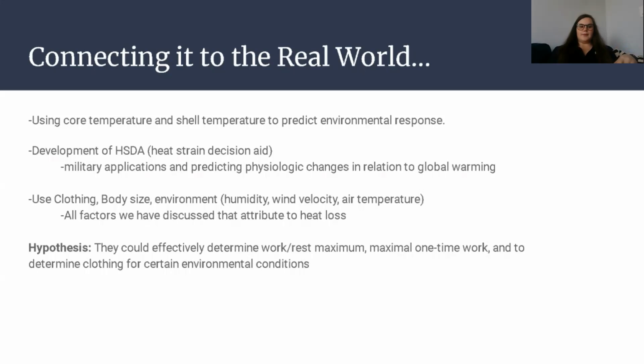So again, like when we talked about in class, they use the factors that contribute to heat loss, like clothing, body size, and environment, which included examining the humidity, wind velocity, and air temperature, to then come up with a score that would be this HSDA.